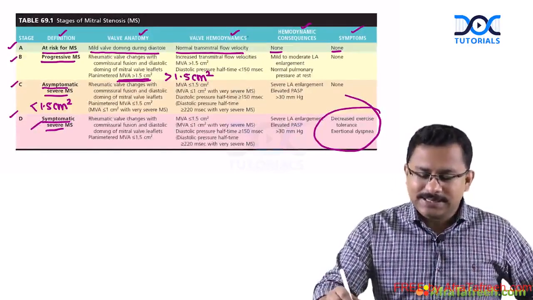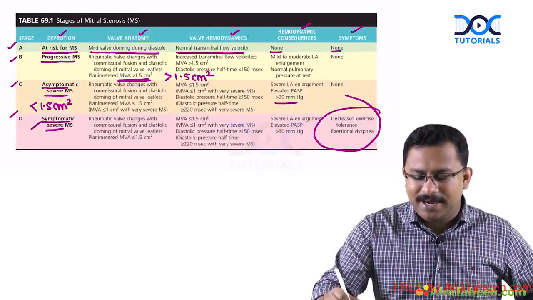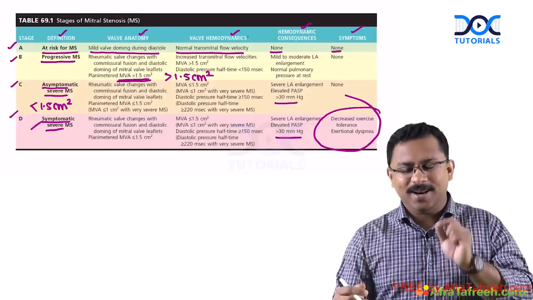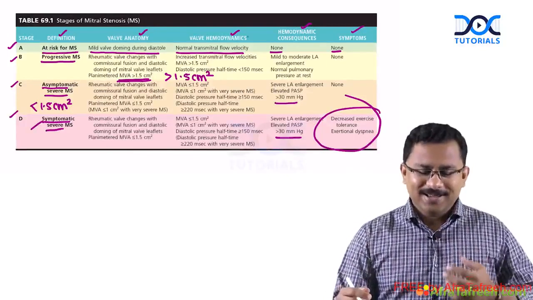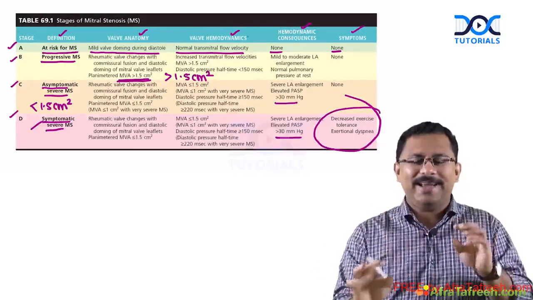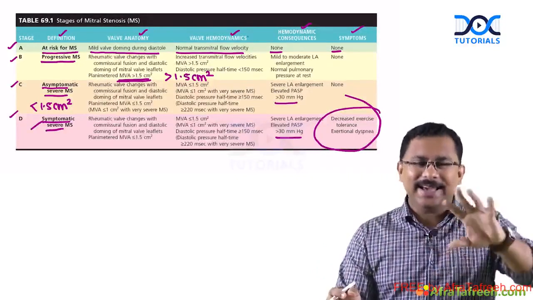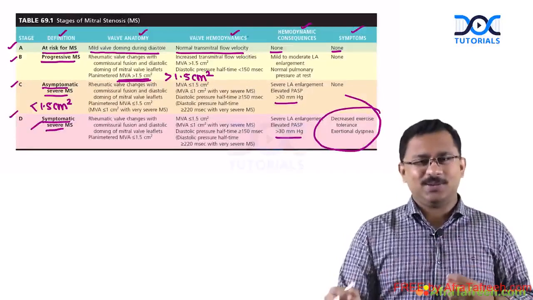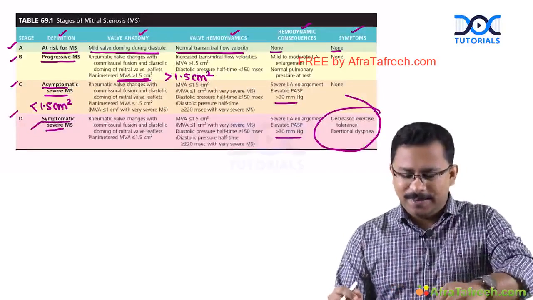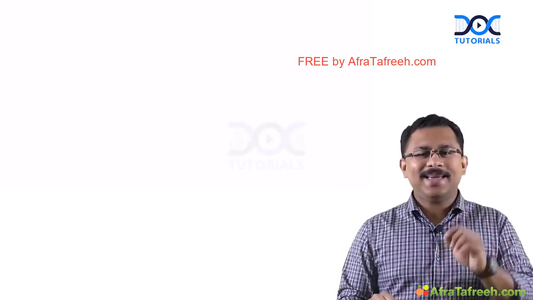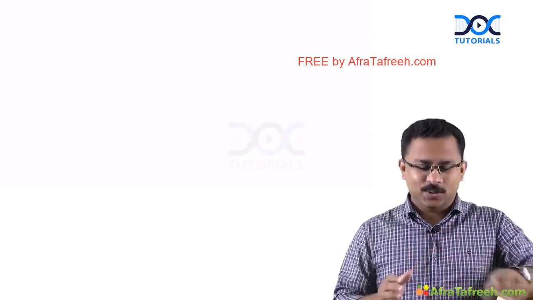And in both stage C and D, the pulmonary arterial systolic pressure is above 30 millimeter mercury. So these are the stages of mitral stenosis, the American Heart Association staging. Just keep this in mind, we'll be coming to this. Very clear? Now first let us discuss the medical management of mitral stenosis.